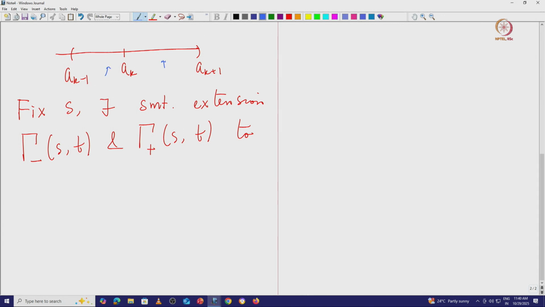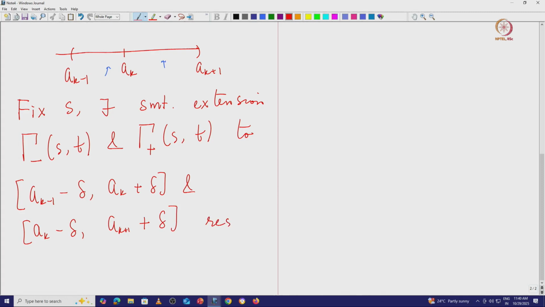So we have these extensions to the interval a_{k-1} minus delta to a_k plus delta and a_k minus delta to a_{k+1} plus delta respectively, right.